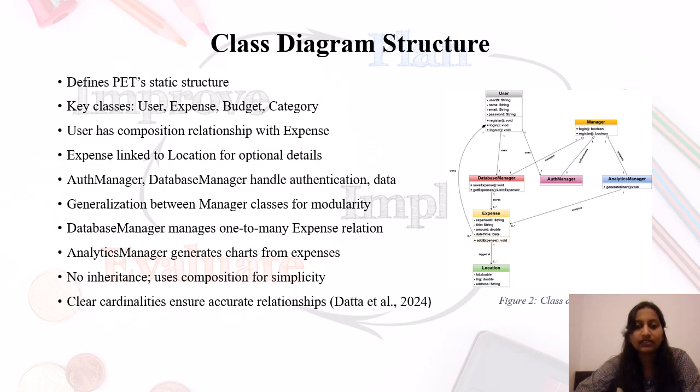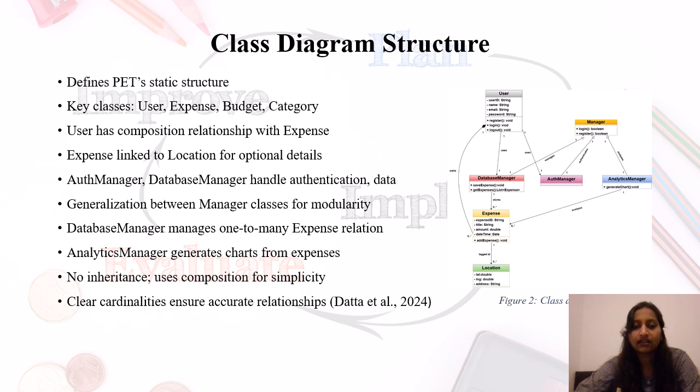Now we're going to discuss the class diagram structure. In this class diagram structure, the PET major use cases determine the central functionalities. Users can register by providing their details, which are validated and recorded safely. Login allows for user authentication. Tracking expenses is easy. It only requires inserting title, amount, and location, with manual input as a failsafe.